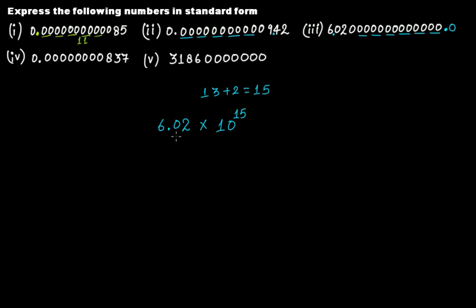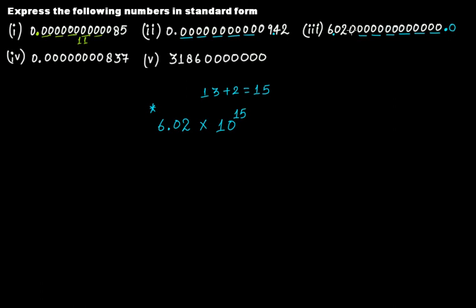Now if you want to check your answer, you can write this number in its usual form. That is, the exponent is positive, that is 15. It means that you have to take this decimal point and move towards the right by crossing over 15 digits. 2 digits are already there, so you have to put 13 zeros. When you put 13 zeros, you will get the original number that was given to us.